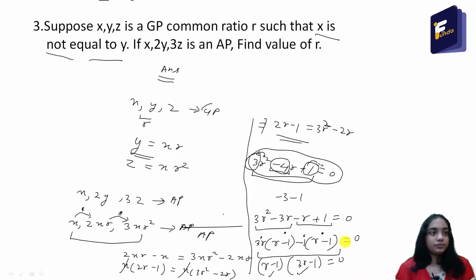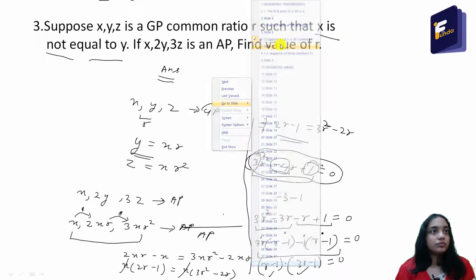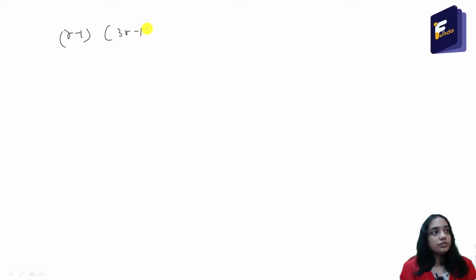So let's see. We are given that r minus 1 into 3r minus 1 is equal to 0. So when is the product of two numbers 0?